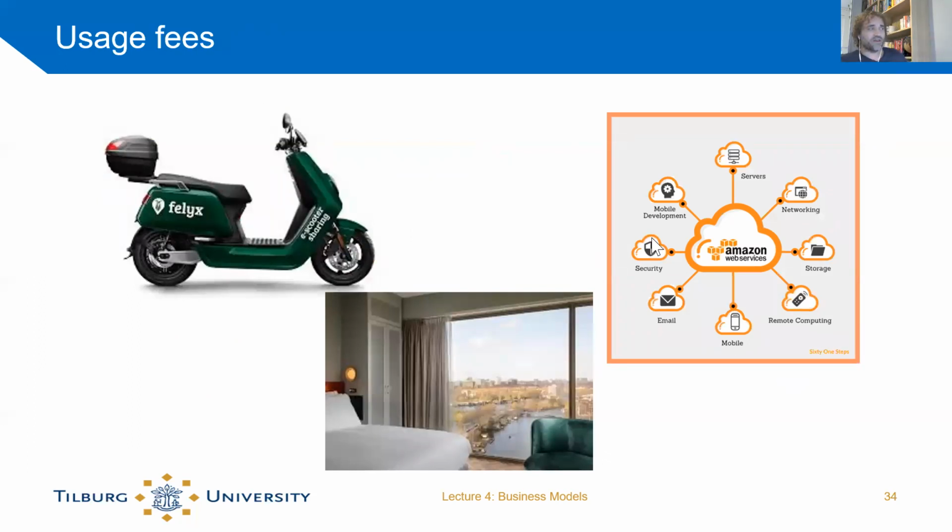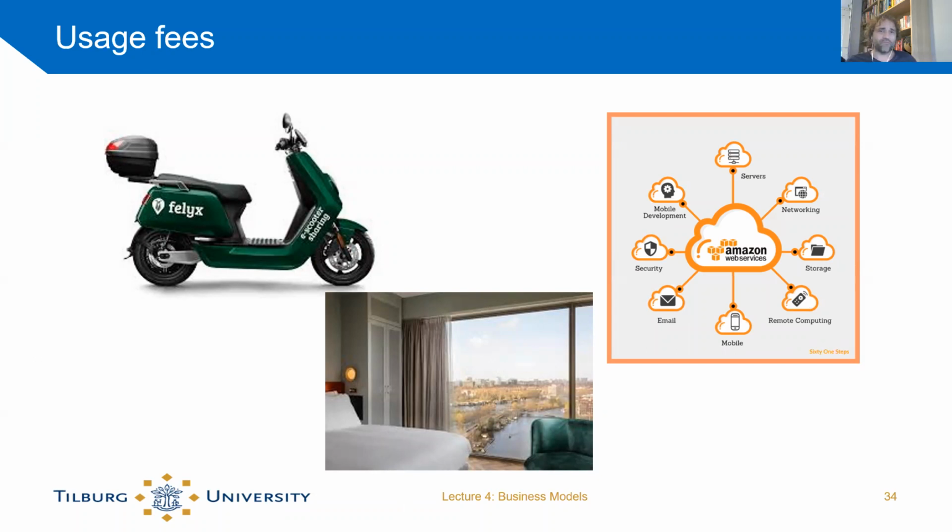Usage fees. You can generate revenue via usage fees. So with Felix, you pay as you go, depending on the amount you go. You pay per day that you stay in a hotel. If you use Amazon Web Services, you pay for the amount of computer time you use.